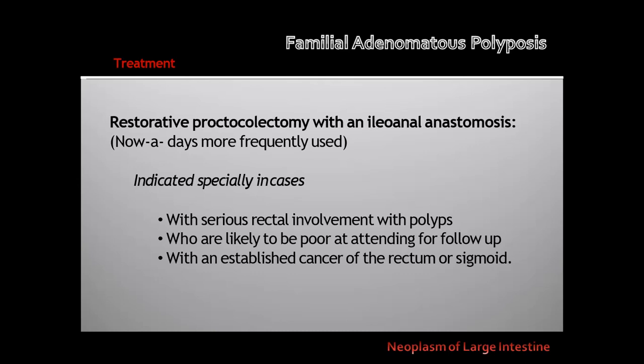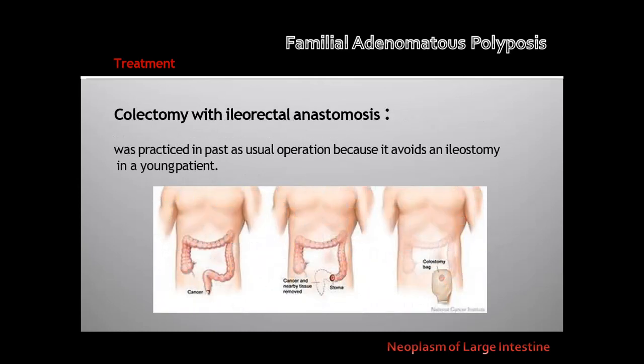But if there is involvement of the sigmoid, rectum, and the whole of the colon, there is a second option, the total proctocolectomy and the permanent end ileostomy. Colectomy with ileorectal anastomosis was practiced in the past as the usual operation because it avoids an ileostomy in a young patient and avoids the complication of sexual problems.